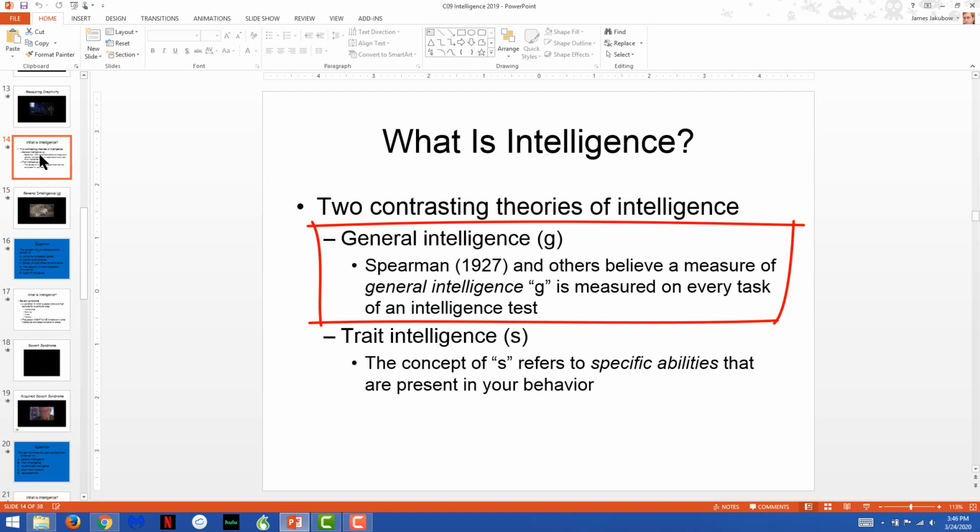And when I say cluster together, that is that they all had a high degree of correlation between them. And Spearman pulled those questions out and referred to them as their own category, representing general intelligence. And that's where the idea comes from.